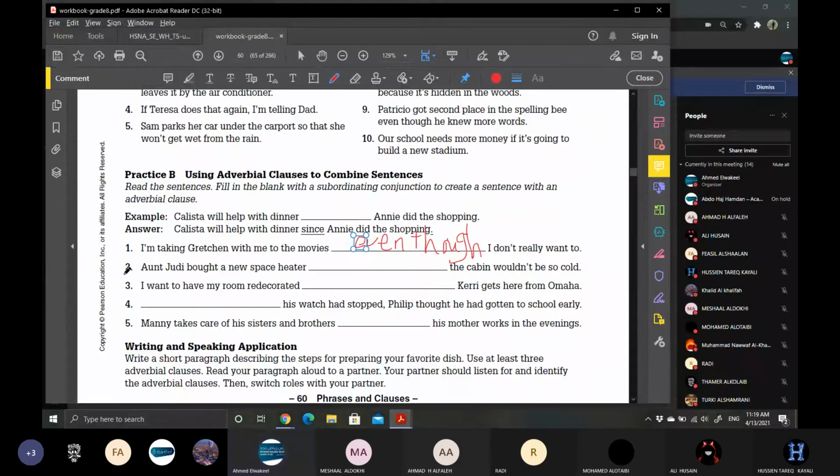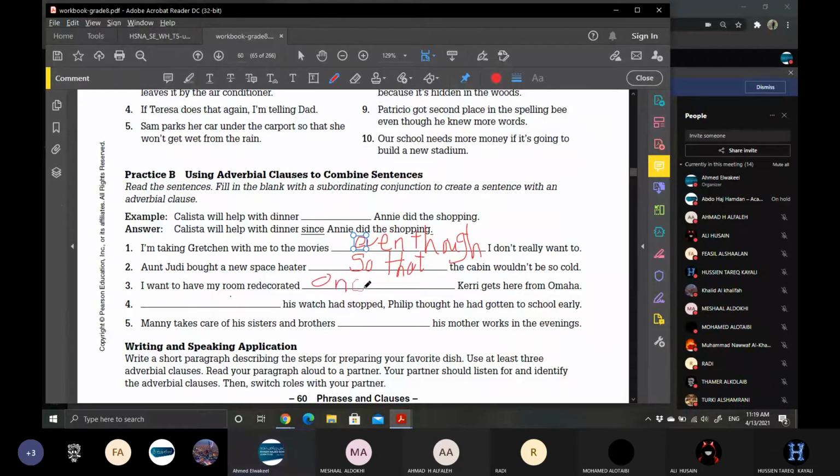Aunt Judy bought a new space heater. Blank, the cabin wouldn't be so cold. So that the cabin wouldn't be so cold. I want to have my room redecorated. Blank, Carrie gets here.